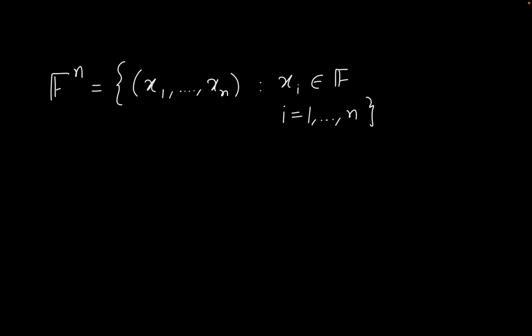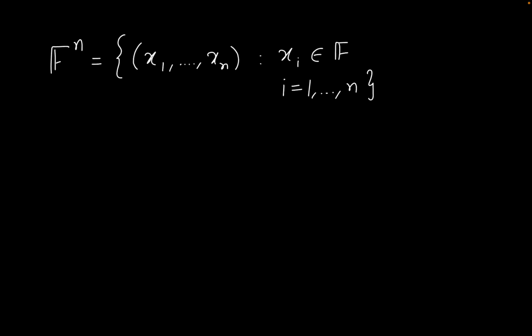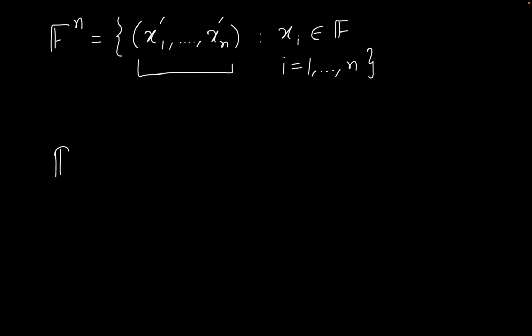The definition itself might feel a bit wordy and abstract, but what we're essentially saying is that Fn is the set of all lists of length n, where each of the elements in the list is itself a member of F.